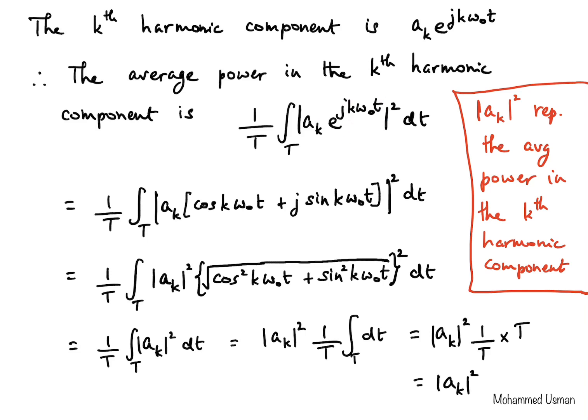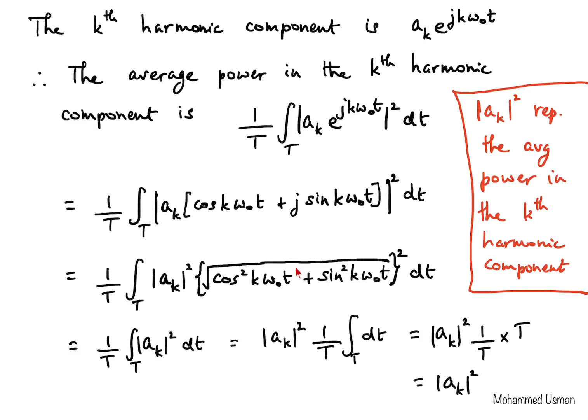Again, we simply apply Euler's rule here. So e to the power jk omega naught t is cosine k omega naught t plus j sine k omega naught t, and we're taking the squared magnitude of this. The magnitude is the square root of the square of the real part plus the square of the imaginary part, which is the square root of cosine square plus sine square.